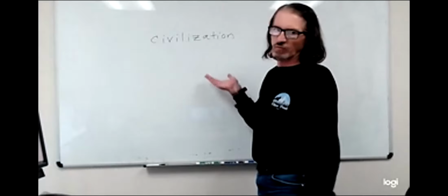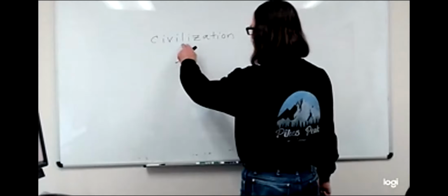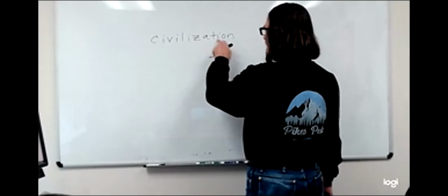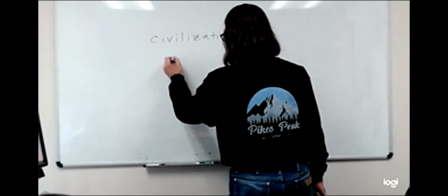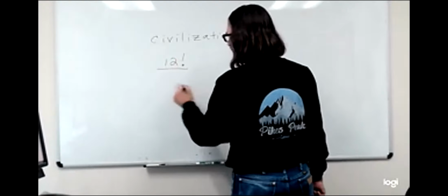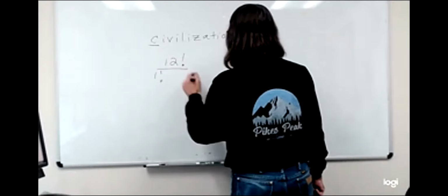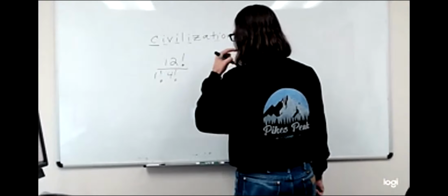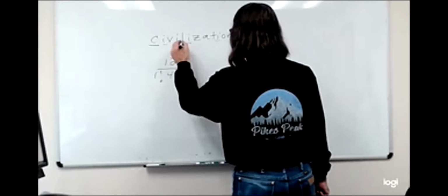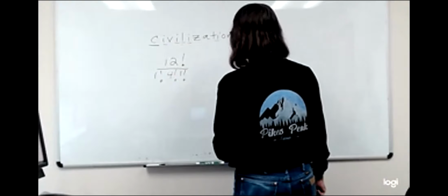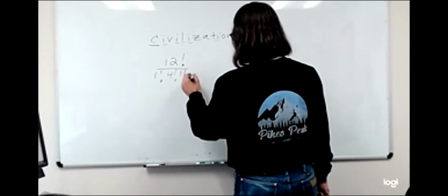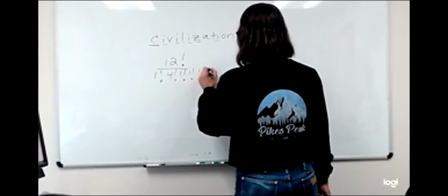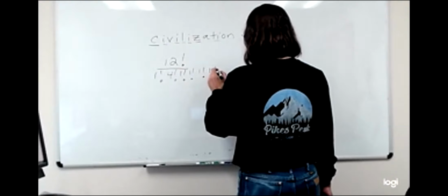The typical one is radar. Well, okay, civilization. There are 5, 9, 10, 12 letters in here. C only shows up once. I shows up 4 times. L once. Z once. A once. O once. And N once.